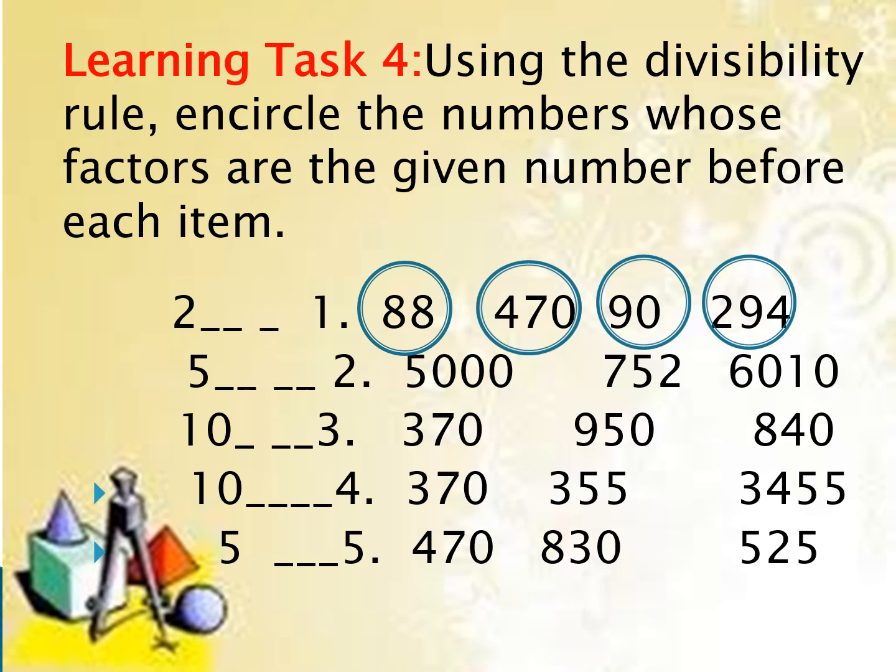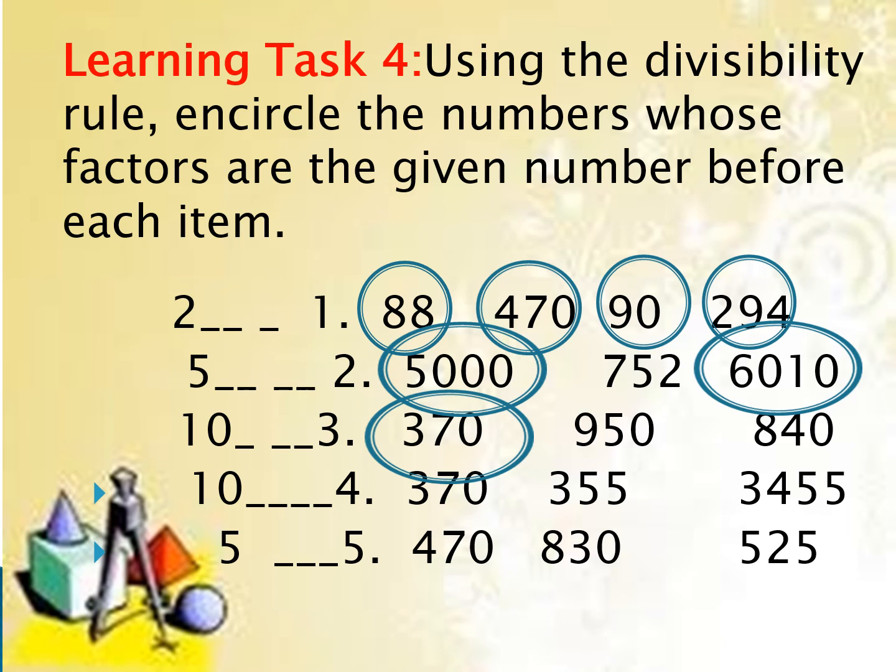Those numbers have a factor of 2, or these are the numbers that are divisible by 2. Number 2, 5,000 and 6,010. So, these numbers are divisible by 5 because they end in 0.